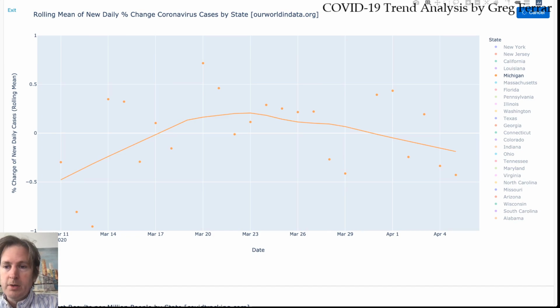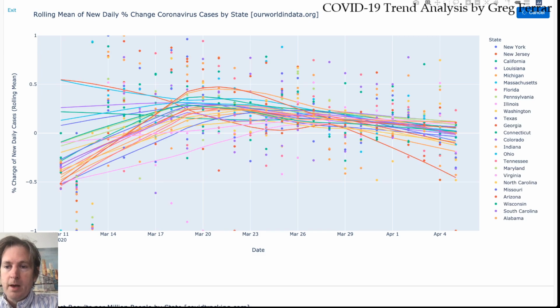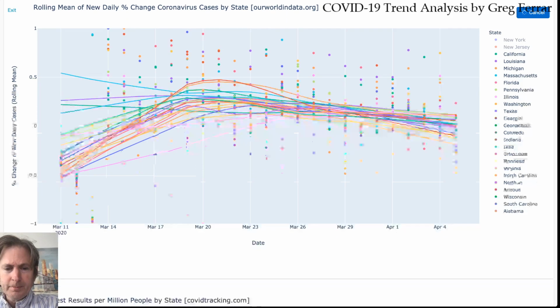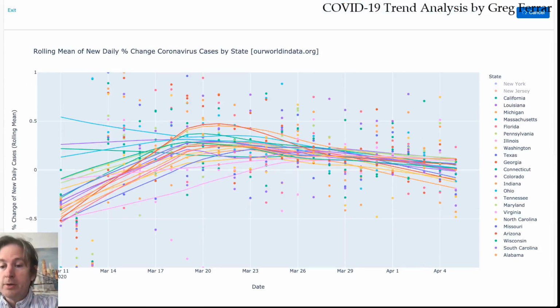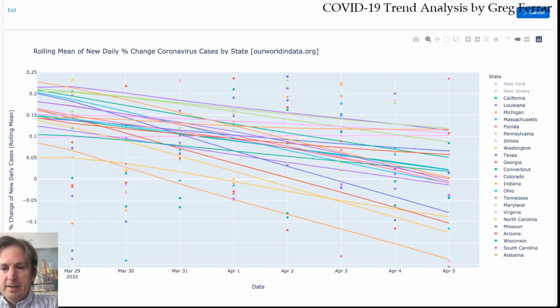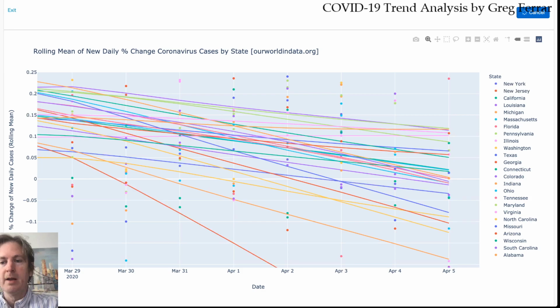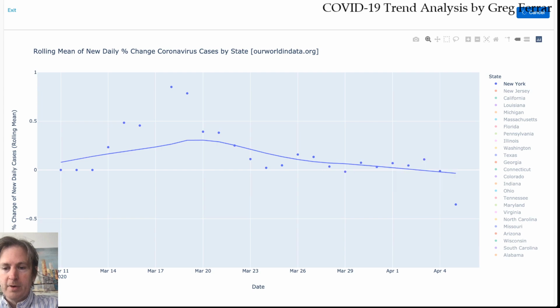So that's really just good news all across the board, especially in New York and New Jersey, if you believe this data, but sadly, we can't believe this data. So, we can't believe the New York and New Jersey data. I do believe the rest of it. In New York and New Jersey, they're not terribly far off, because they only have one day of bad data at this point. They still have to follow their trends for all the rest of the days.